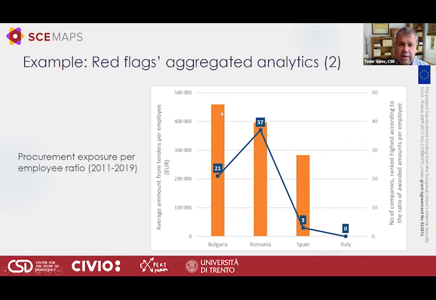So in Bulgaria, we have 21 companies that have on average almost €500,000 per employee. And you can see that, for example, in Spain, this ratio is much smaller.